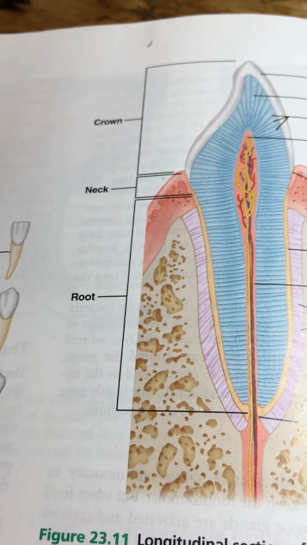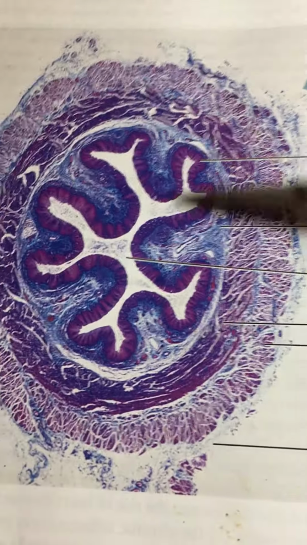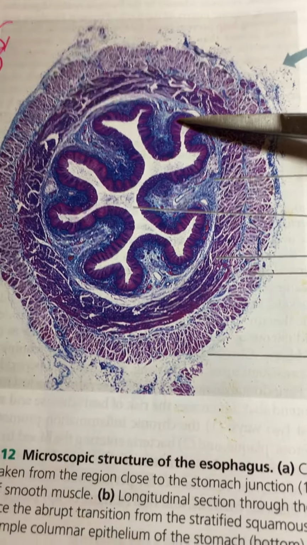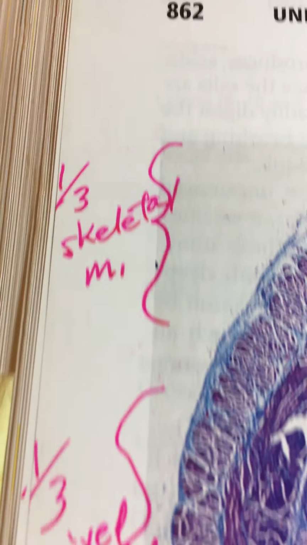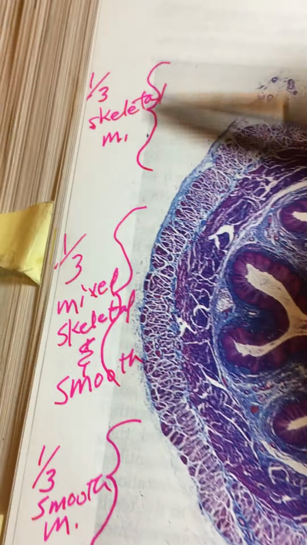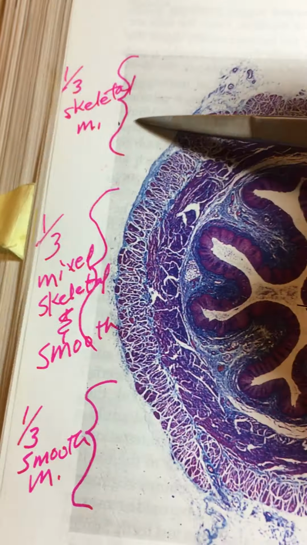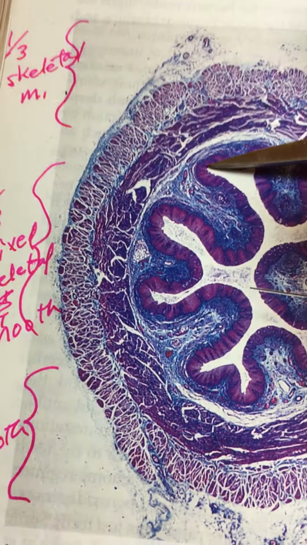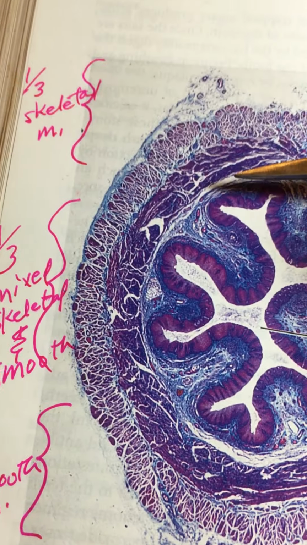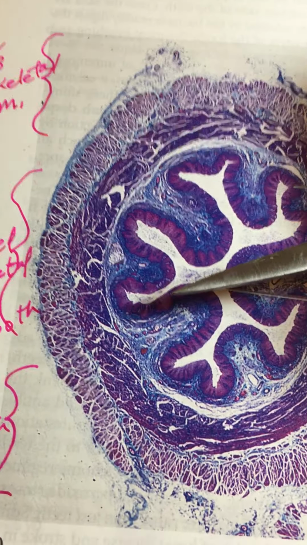Okay, the next thing we move on to, coming from the oral cavity and going to the stomach, is this cross section here, the view of the esophagus. We're over on page 862, and I'm indicating here a longitudinal consideration. This is the cross-section. The longitudinal consideration is that we have 10 inches of esophagus going from the pharynx at the back of the throat all the way down to the stomach.